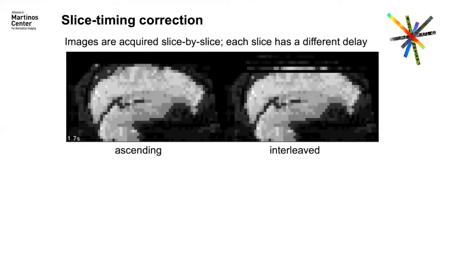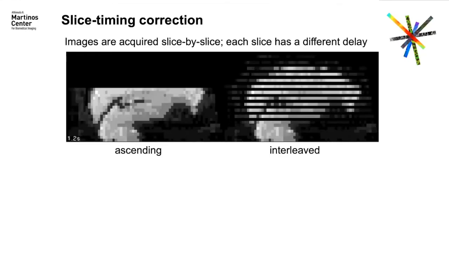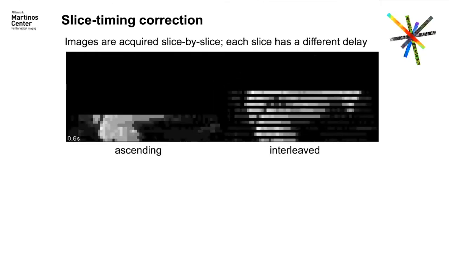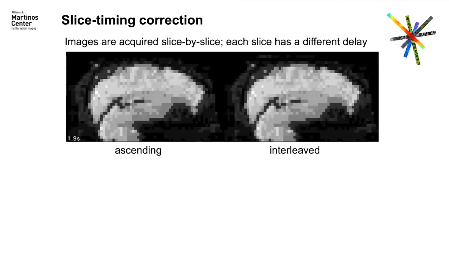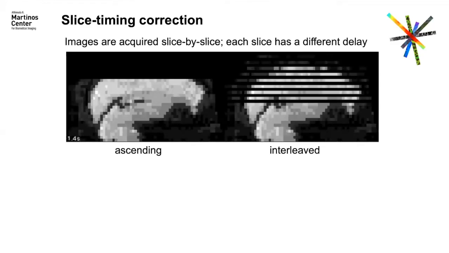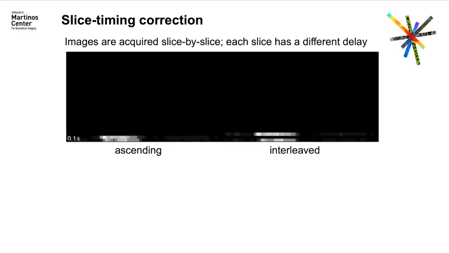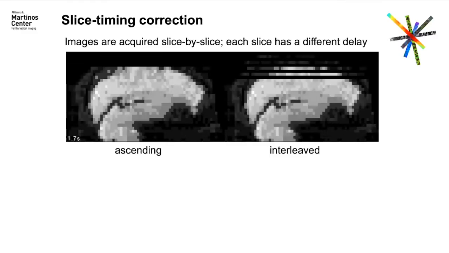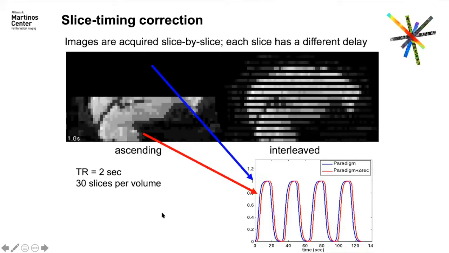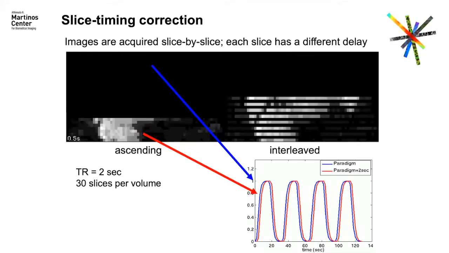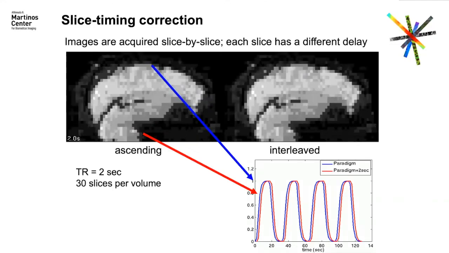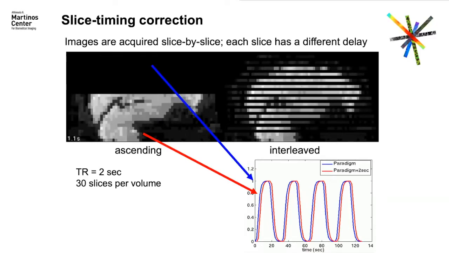And for example, here the TR is 2 seconds. So it means that the slice at the bottom of the brain is taken 2 seconds before the slice on top of the brain, and that's a problem if you want to compare different brain areas.